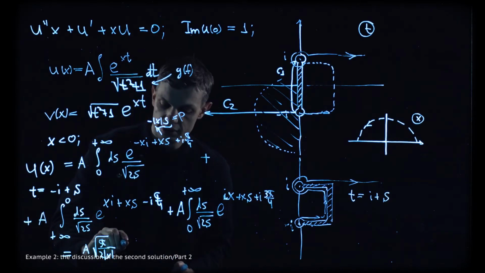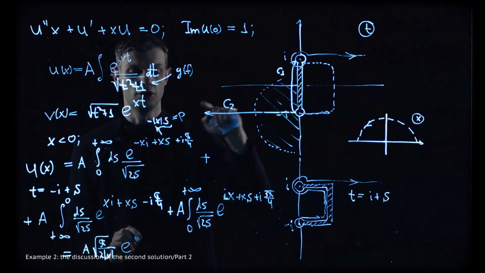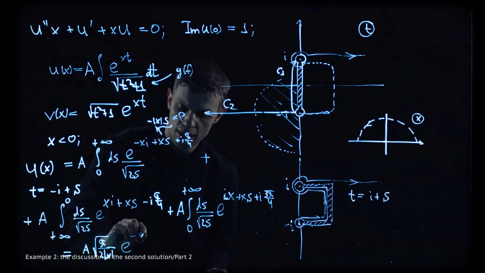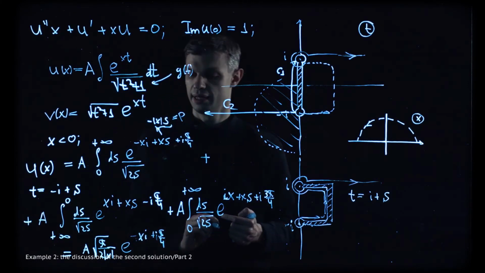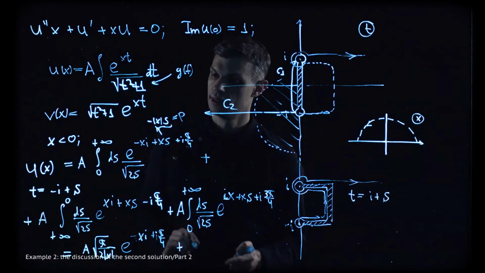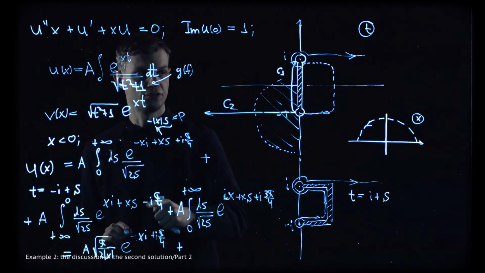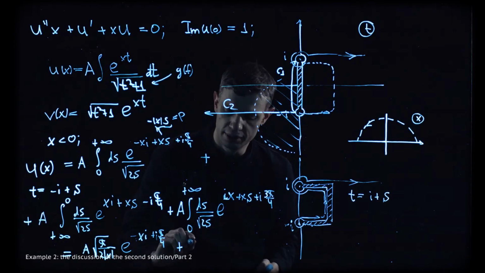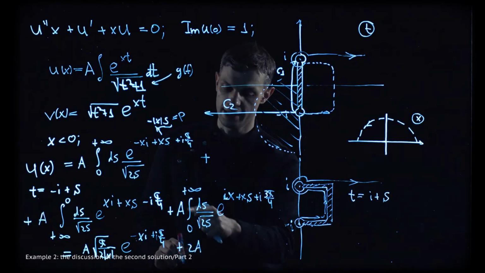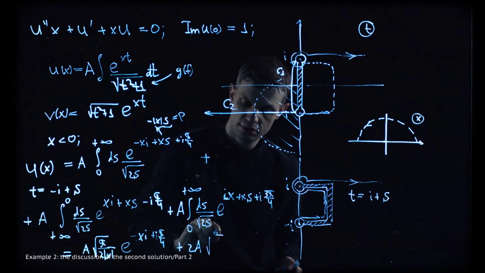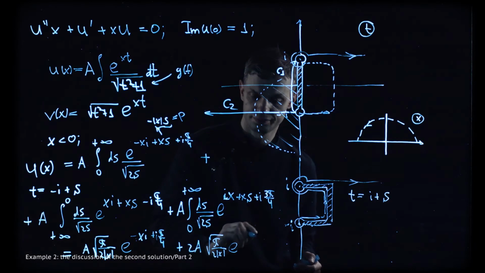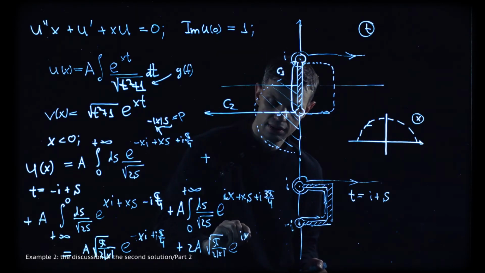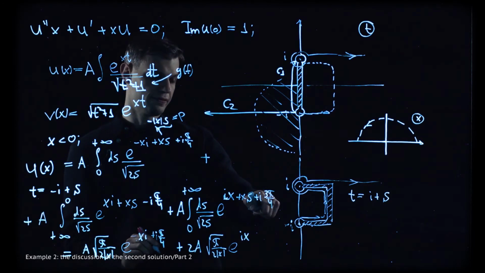All right, so here is the contribution from the lower branch point, which is minus xi plus I pi by 4. And this is the contribution from the second, the upper branch point, which is 2 square root of pi by 2 modulus x times e to ix plus 3 pi by 4.